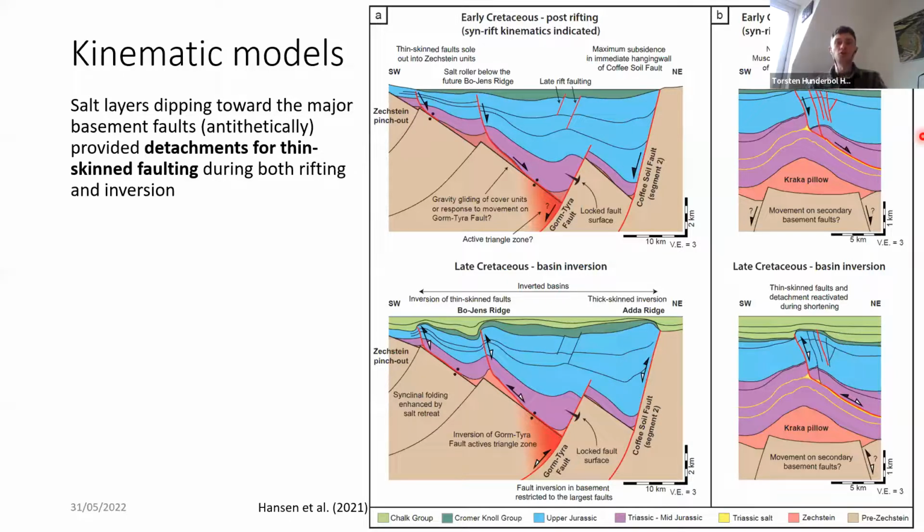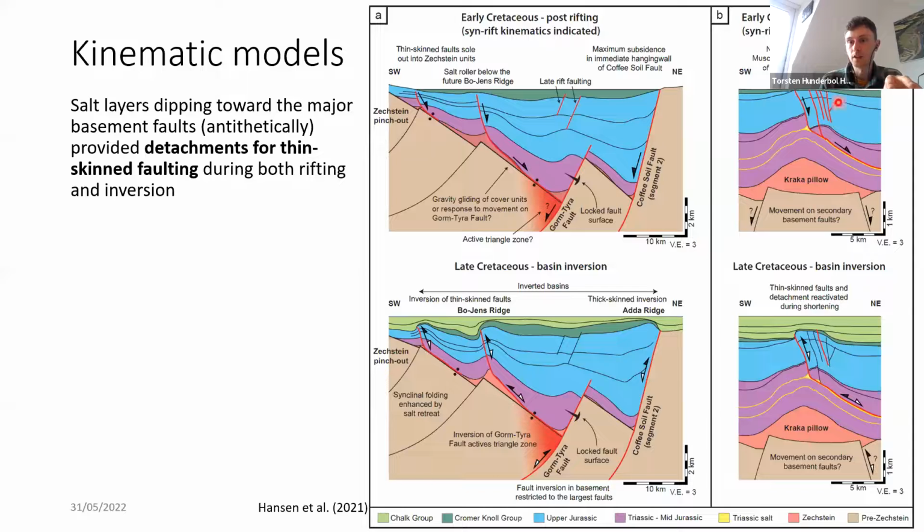Okay, kinematic models. I only went back to the end of rifting. This is basically the section I showed you with some salt, and it's a very nice, at least on the large scale, half graben geometry with the very large master fault here to the east, a buried basement fault, and a thin-skinned, antithetically oriented detaching fault here to the west.